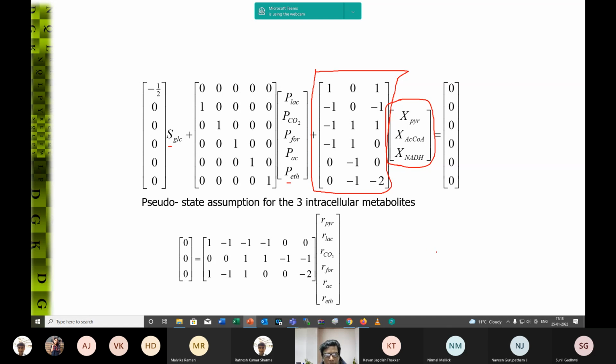Now what we have to do is convert this into the form of the rates. If you go back, I'll show you that equation one more time.